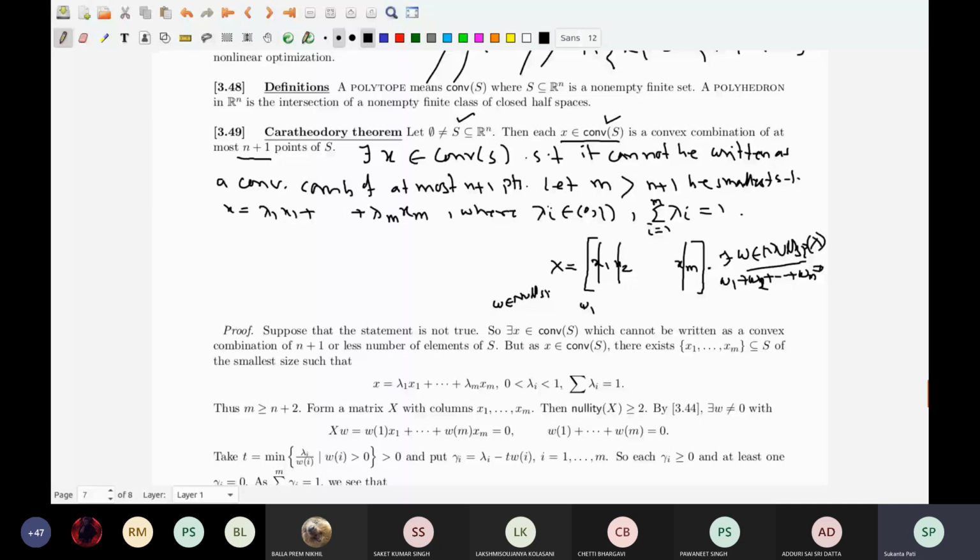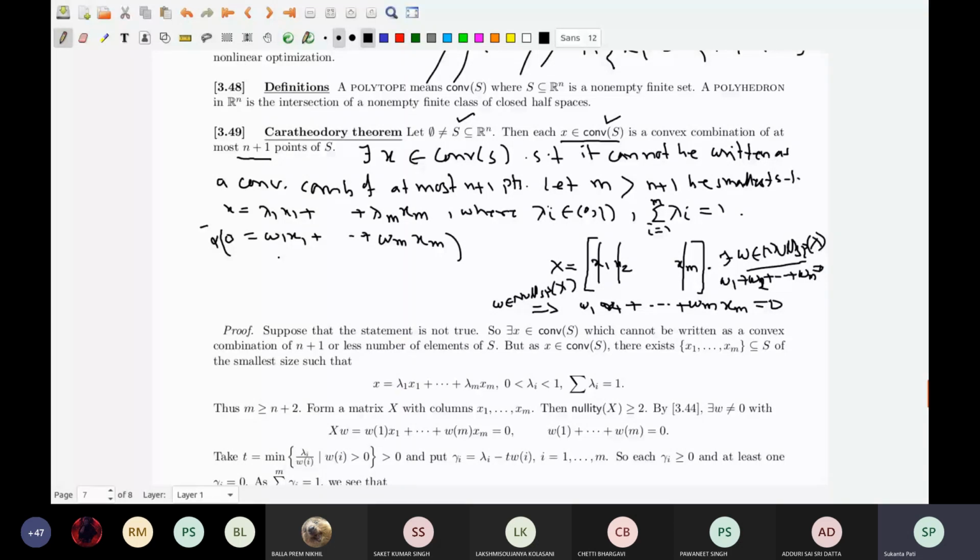So what you do, now you write it here: 0 equals w1 times x1 plus ... plus wm times xm. And you remember that there are some positive entries among the wi's and the others are negative. Now lambda 1 to lambda m, they are also positive. Now what you do, you subtract a good multiple of this, so that in the result at least one entry becomes 0 among these lambdas.